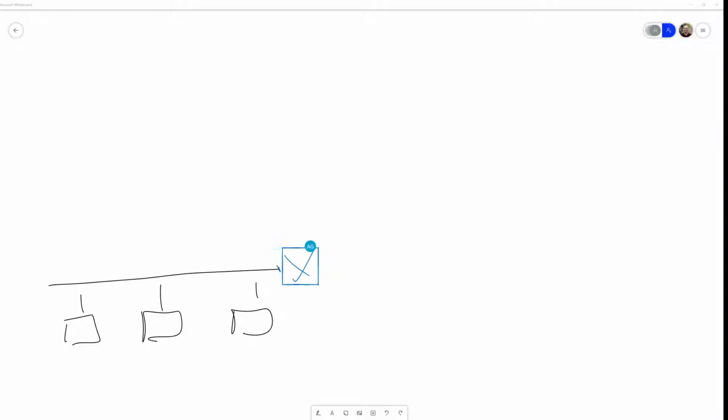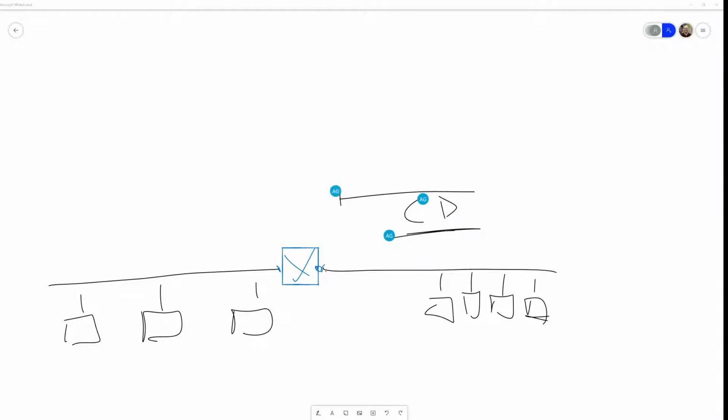The reason I'm calling it a bridge is because that's what they were called early on. Then we had another collision domain over here. Of course, the bridge separated the two collision domains. So here's collision domain number 2. Here's collision domain number 1.